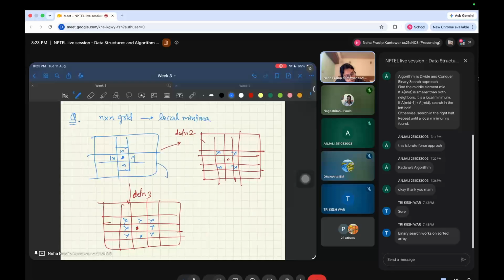For the first definition, you saw an order n time algorithm, right? So what was the idea?